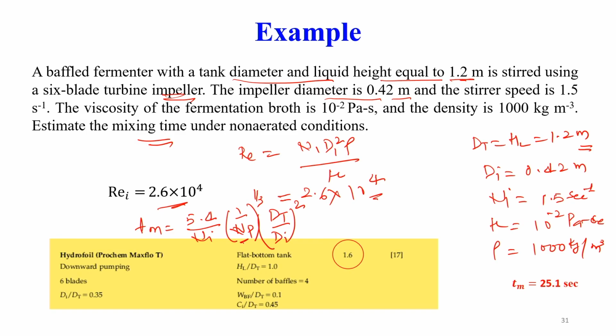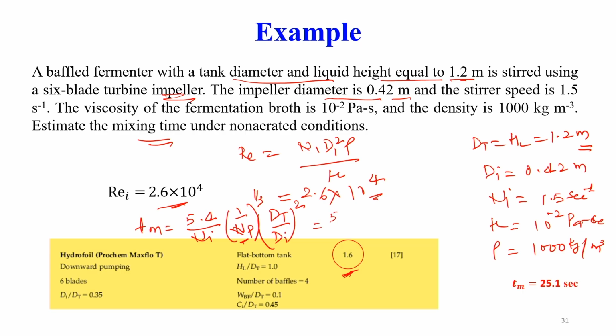So Np is needed, and here I have listed the value of Np for this type of impeller, the 6 blade turbine impeller. The Np value is 1.6 for the 6 blade. So we can take the 1.6 value here.